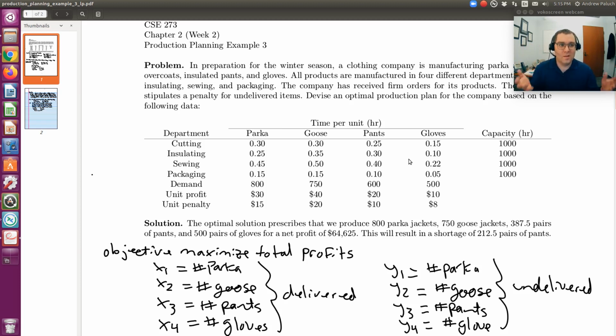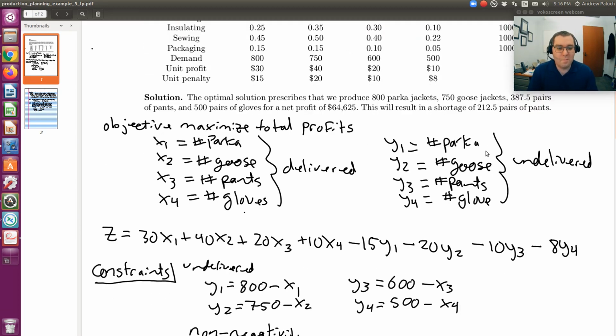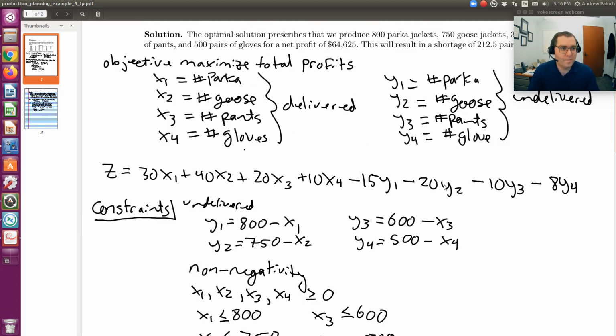So the undelivered number isn't a variable at all. Once the number delivered is known and fixed, then it's fixed. So it's not a variable, right? And so that'd be one common point of confusion.